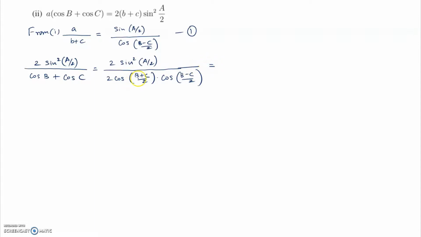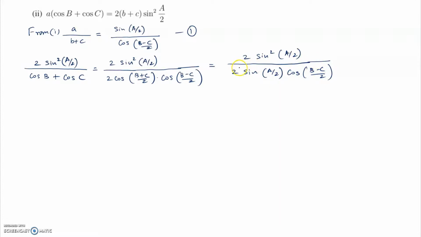Again, cos (B plus C) by 2 is nothing but sine A by 2. We have seen that in, I think, question number 6. So let's replace cos (B plus C) by 2 with sine A by 2.